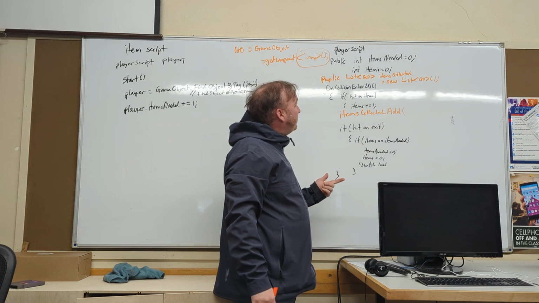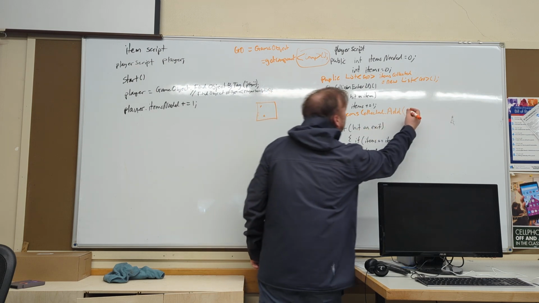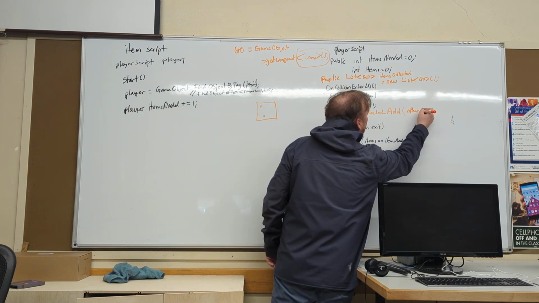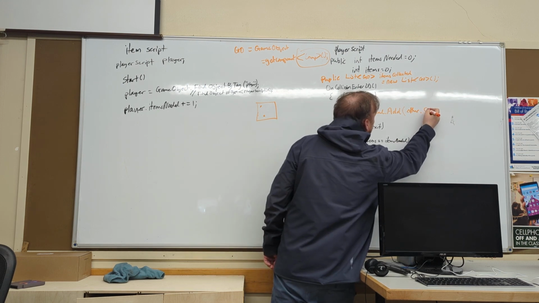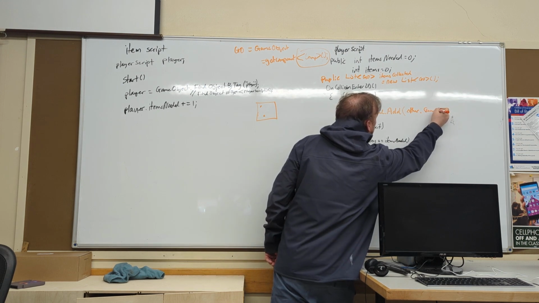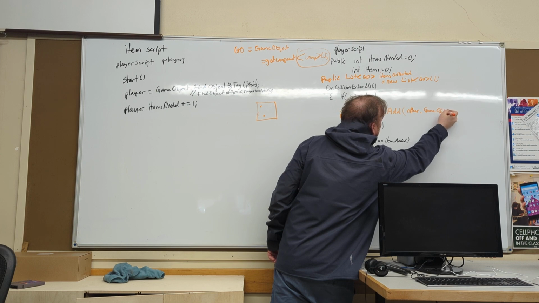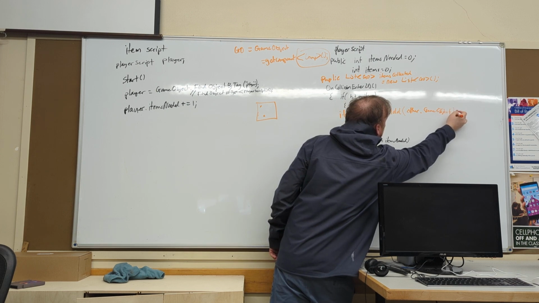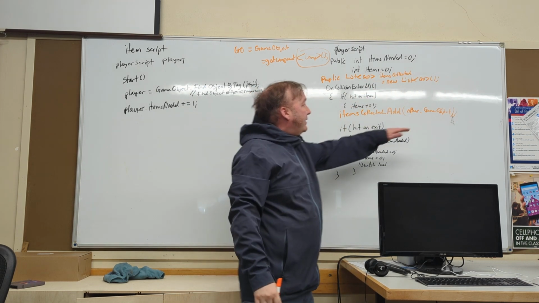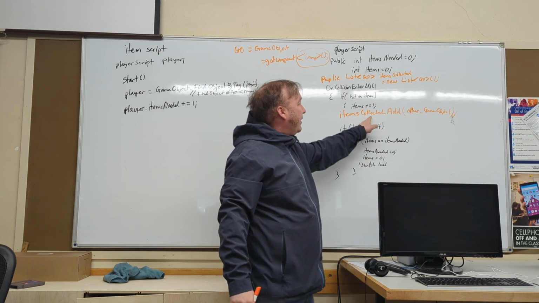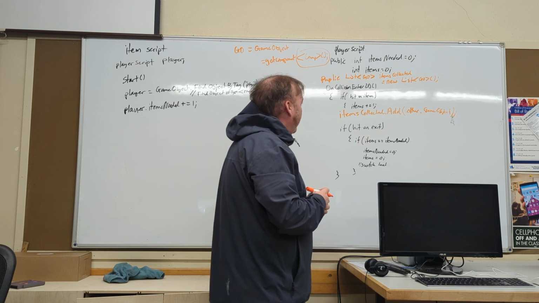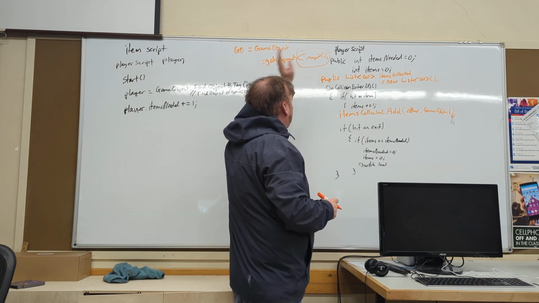Yeah, so other dot game object. Okay, and so that adds this game object, that is the thing we collided with, into the list of items collected. Okay, and it destroys it and everything else.